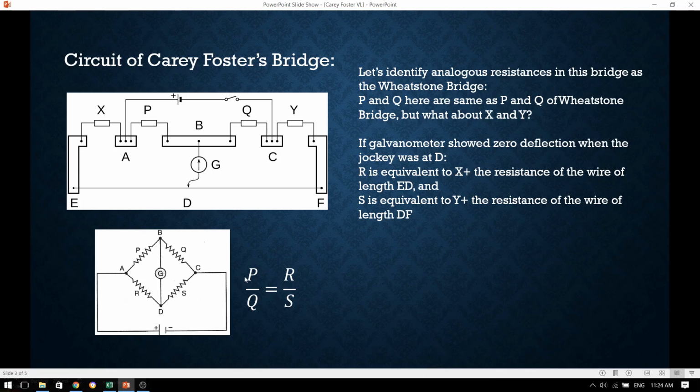If the principle P by Q is equal to R by S is also followed in this Carey Foster's bridge, we have to identify who is P, Q, R and S on our Carey Foster's bridge.